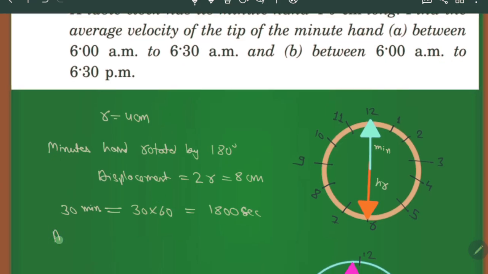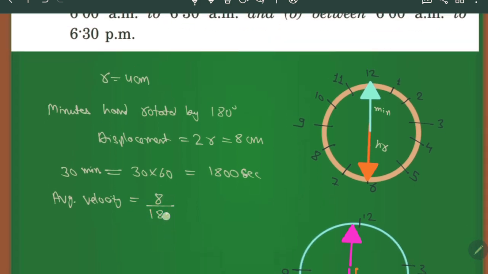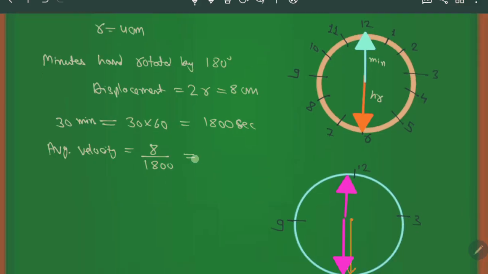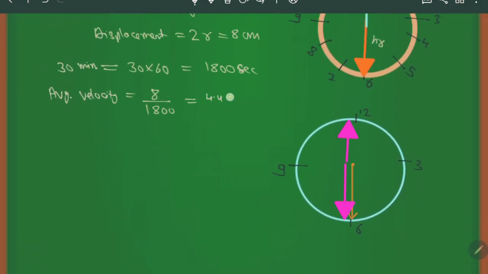So average velocity is basically displacement, 8 centimeter, upon the time interval, 1800. If you solve this, you get the answer roughly 4.4 into 10 to the power minus 3 centimeter per second.